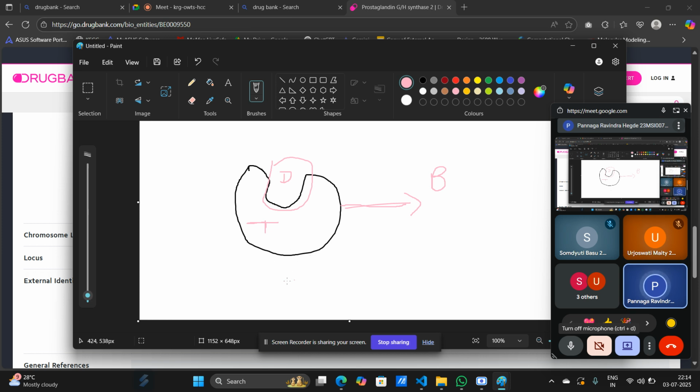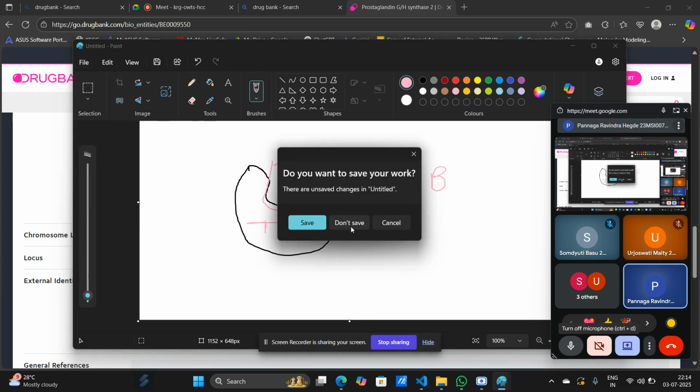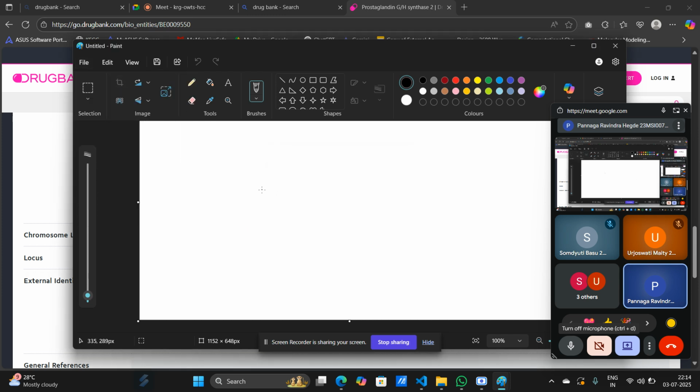And there might also be targets where, when a drug comes and binds to the target, it will induce the reverse effect.